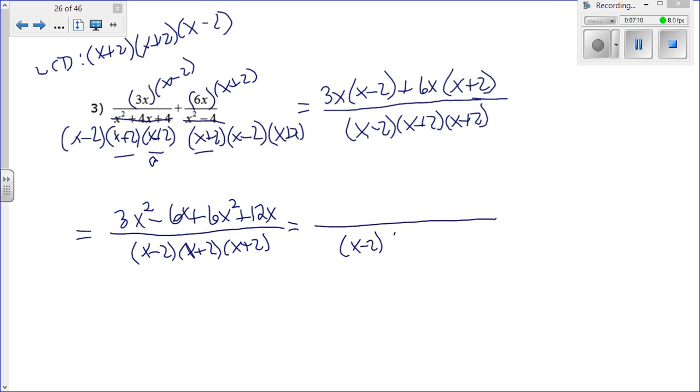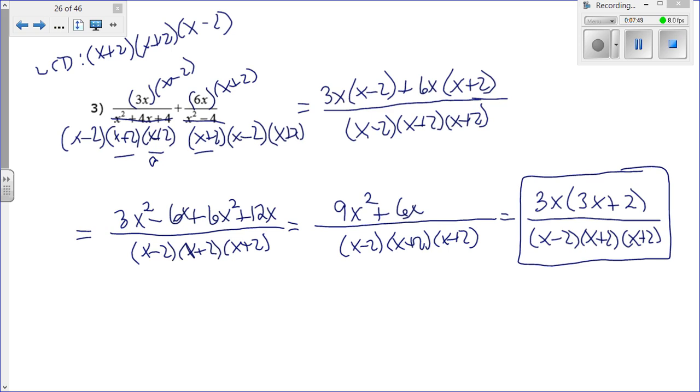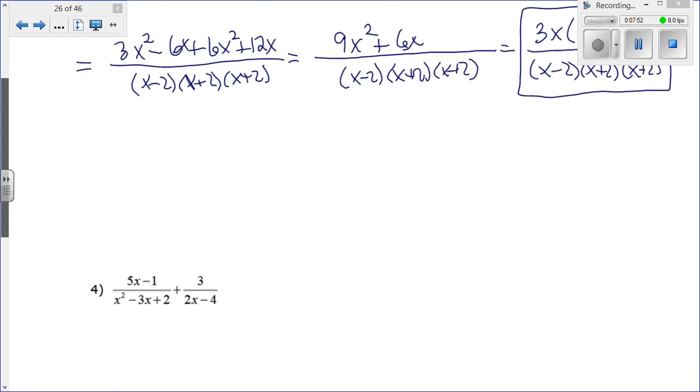So when I combine my like terms, I will have 9x squared and a plus 6x. I can factor my numerator and take out a 3x, and then I'm left with 3x plus 2, and that's not going to cancel with any of my factors in the denominator, so I'm done. If you can see that in your head that it's not going to factor and cancel, you don't really have to factor it, but we always want to be careful of that.